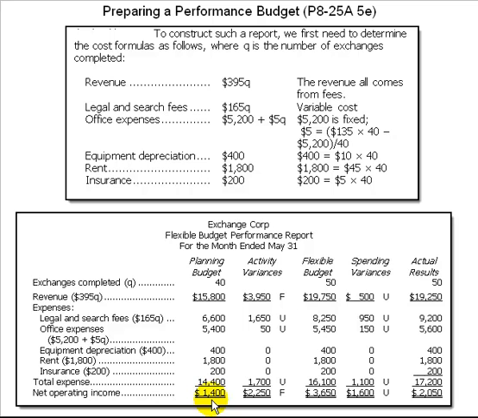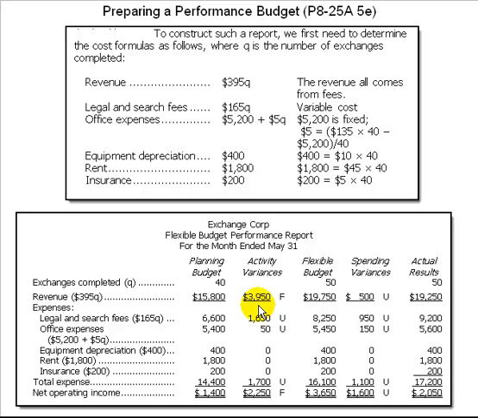Now, what we were able to do is take a look at what we really did, which was a $385 average exchange. So if we take 385 times 50, we come up with what the actual revenues were. Subtract the expenses from that, and we actually have a $3,950.